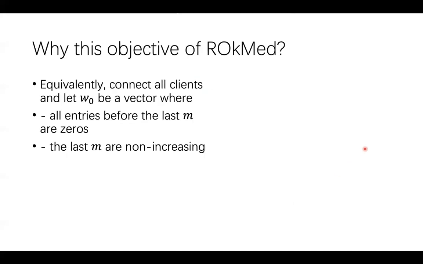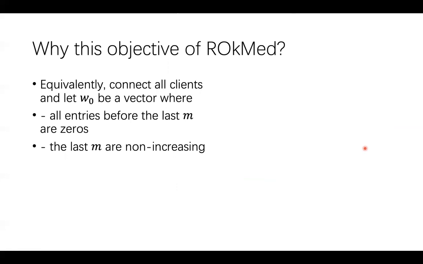So after seeing the definition, one may wonder why we are using this objective. For some of you that are familiar with ordered k-median, you might see a connection there. And before we look at the objective more carefully, we can rephrase it in another way.